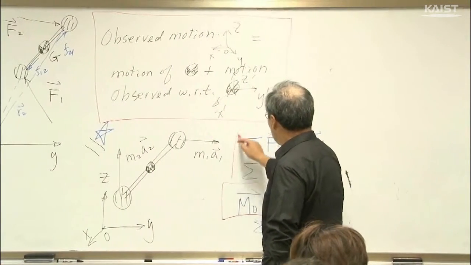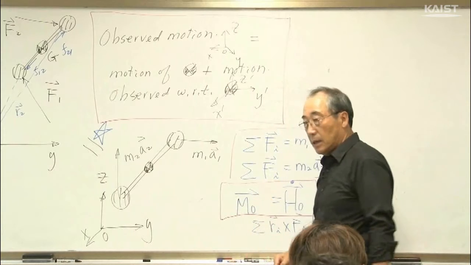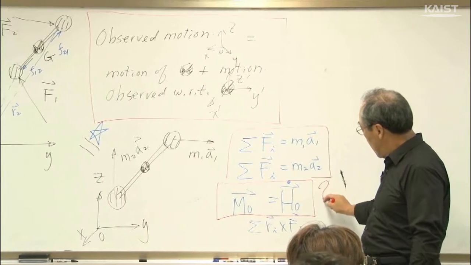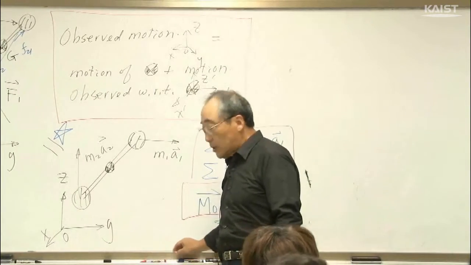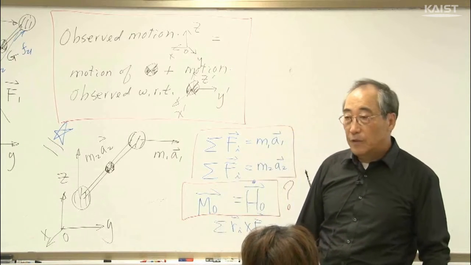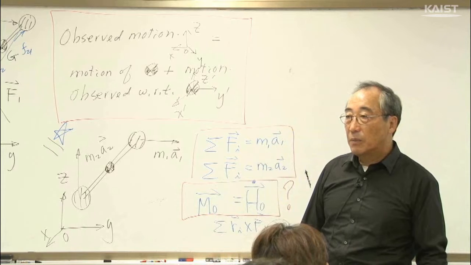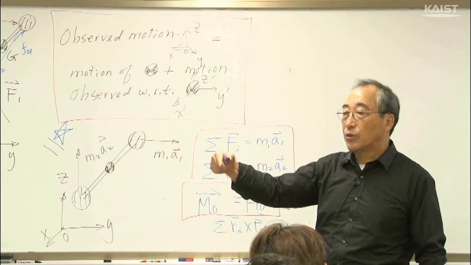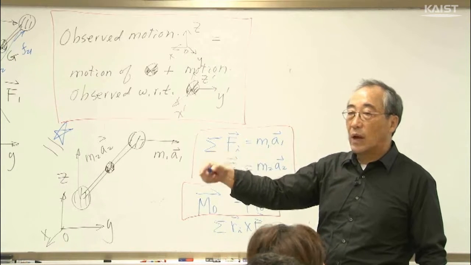This is what you understand mostly. So let's look at what angular momentum is. What is the physical meaning of angular momentum with respect to coordinate O, X, Y, Z?